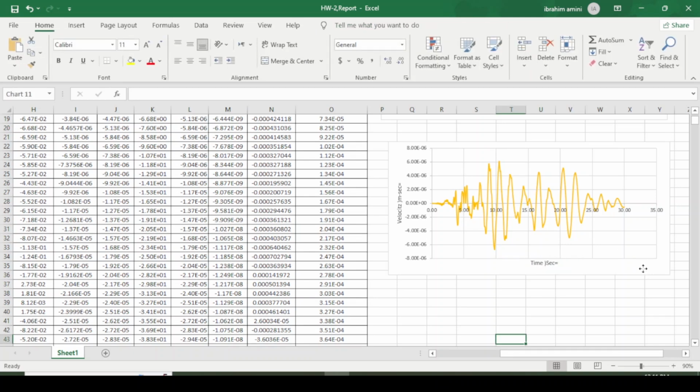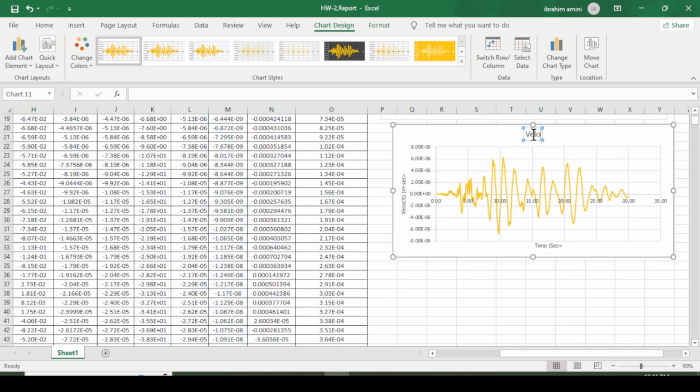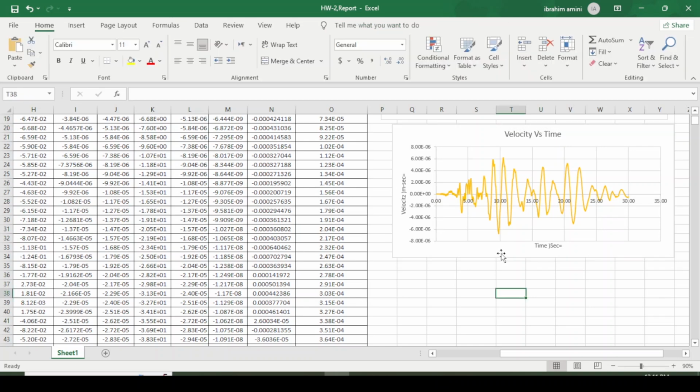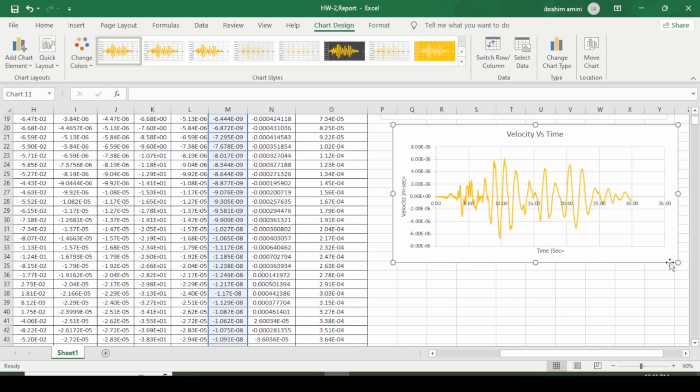Okay, this is the velocity versus time graph.